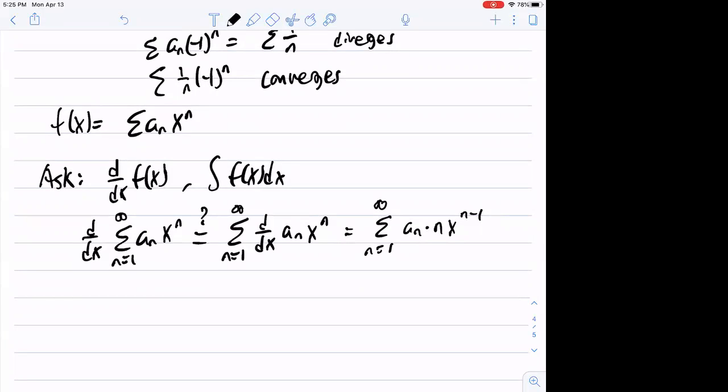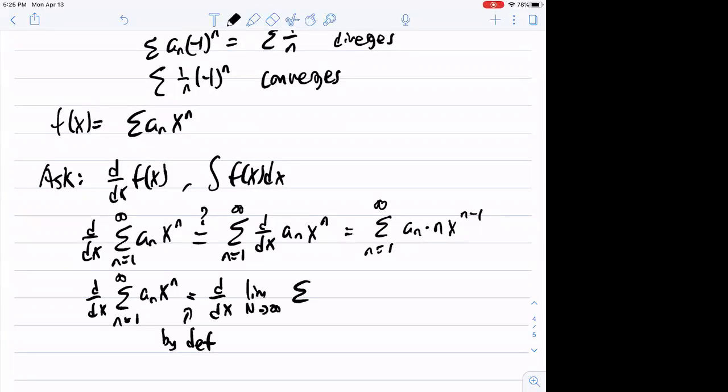There is a partial step here. Recall that this is, by definition, the limit as n goes to infinity of the sum. So what you're really doing is swapping.